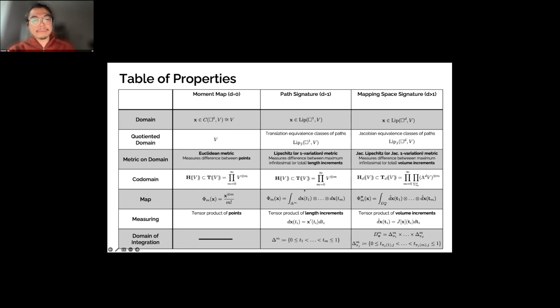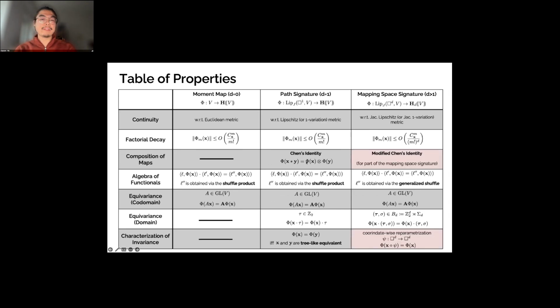In particular, what I want to highlight between these three columns is that the main difference between these three is the type of elements that we're multiplying or integrating together. In the case of the monomial map, we're just taking tensor products of points. In the path signature, we're taking tensor products of length increments and then integrating them. And in our mapping space signature, we are similarly just looking at volume increments and integrating those.